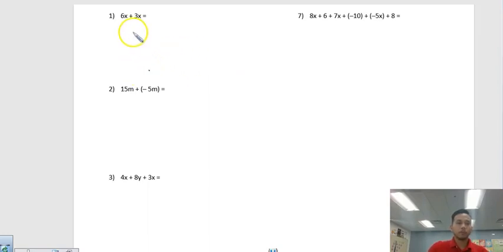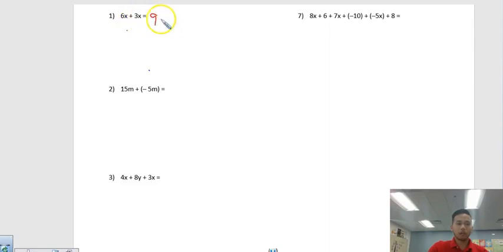So the first example is we have 6x plus 3x. Again, take a look at the coefficients. So we have 6 and 3 are the coefficient. The variable is x, and the variable is also x on this term, meaning they are like terms. So you just add the coefficient, which is 6 and 3. 6 plus 3 is 9.